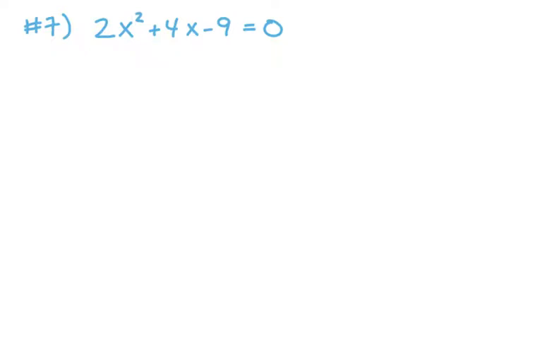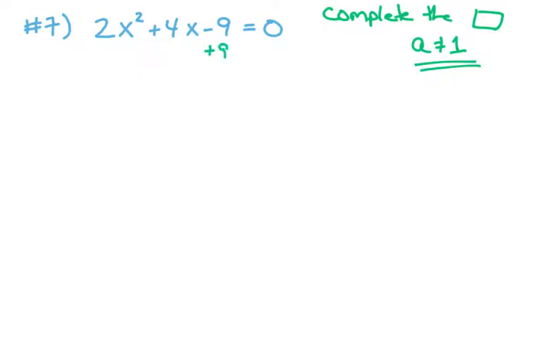Okay, so now we're going to have to complete the square. Notice that A does not equal 1. So we're going to have to deal with that. First thing I'm going to do is get this 9 on the other side.